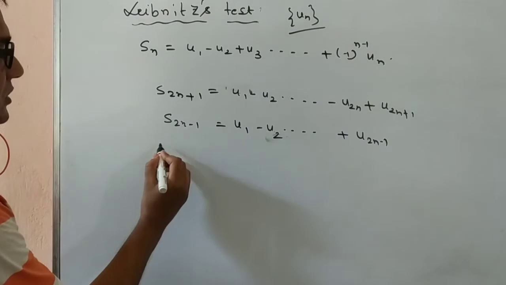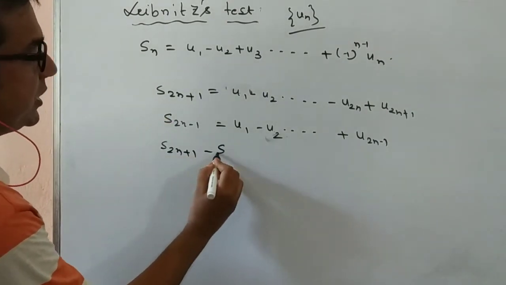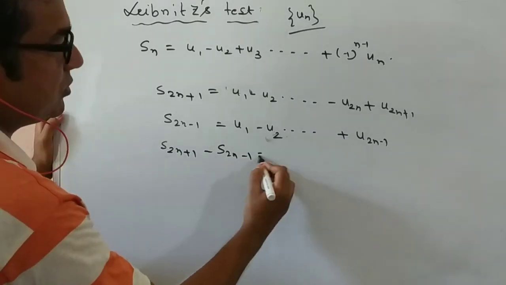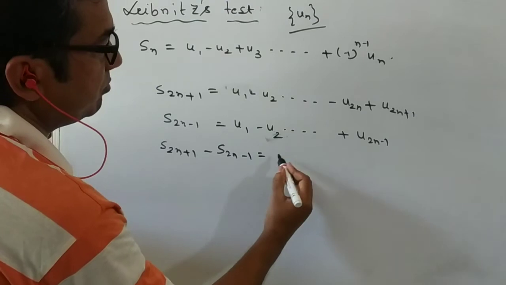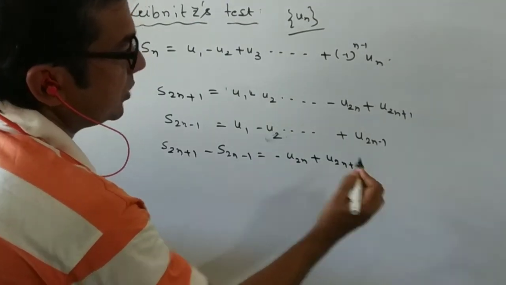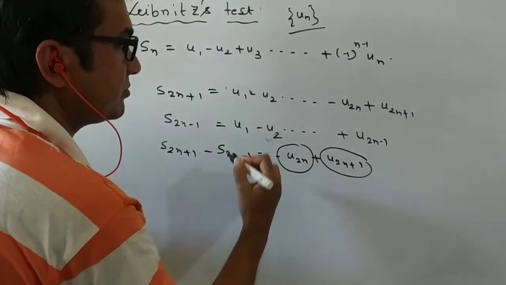Now subtracting, we get S2n+1 minus S2n-1, which is equal to minus u2n plus u2n+1, and this term is less than this term.